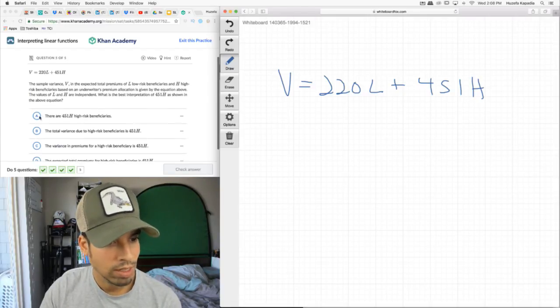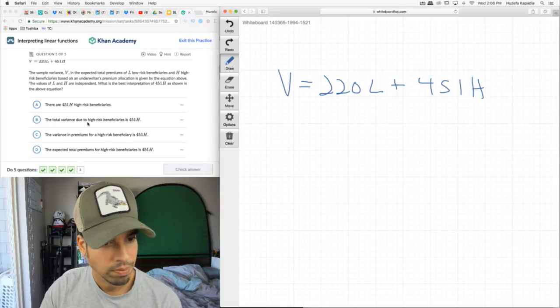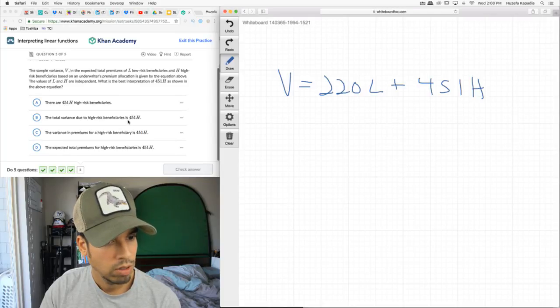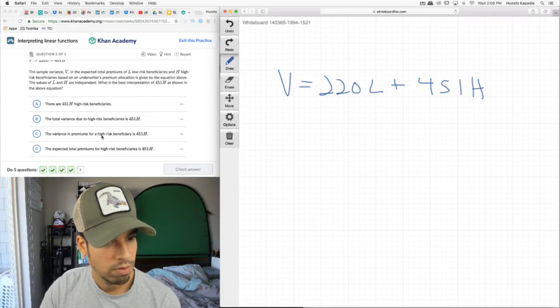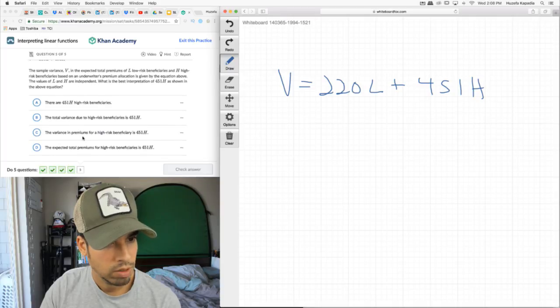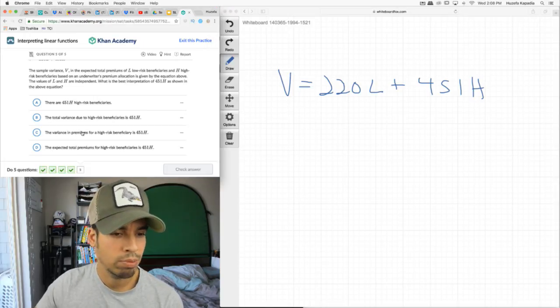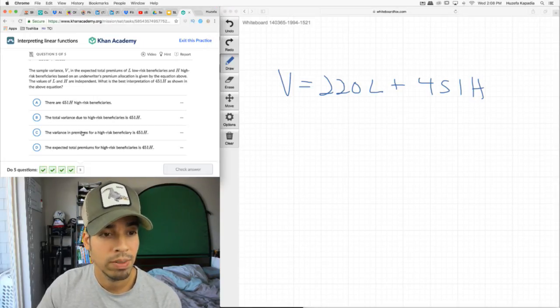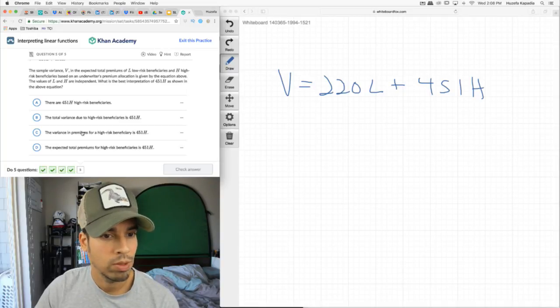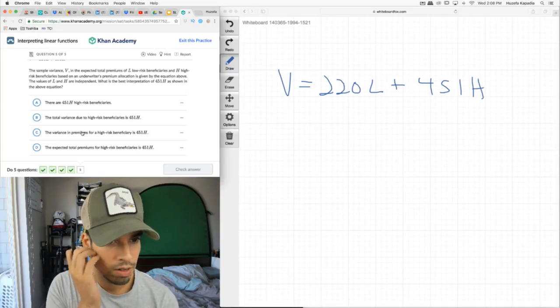So no, that's not the number that there are. No, the variance in premiums. What? This doesn't make sense either. It should be the variance in premiums for a high-risk beneficiary is 451, not 451H. Right?